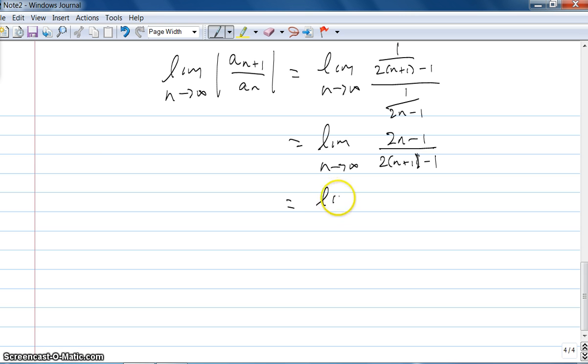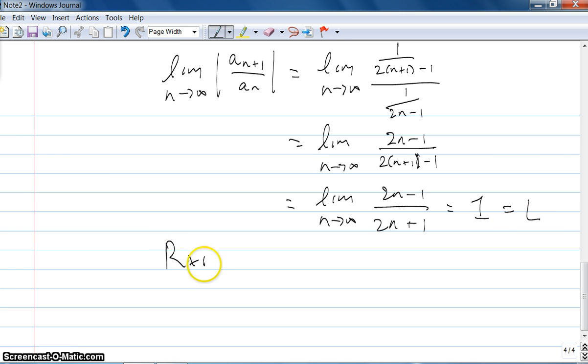And that is the limit as n goes to infinity, 2n minus 1 over 2n plus 2 minus 1, which is 2n plus 1. That goes to 1.